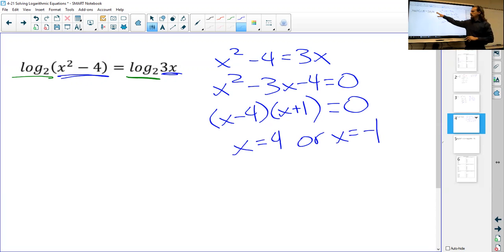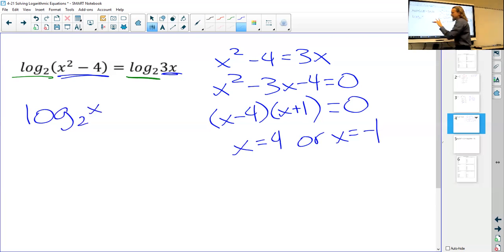When we deal with logarithms, this number at the end, if we say log base 2 of just x, this x value cannot be negative and cannot be 0. It has to be a positive value. So I need to check my answers by putting them into either of these underlined in blue and coming up with a positive result. Otherwise, that answer cannot exist, and we throw that one out.